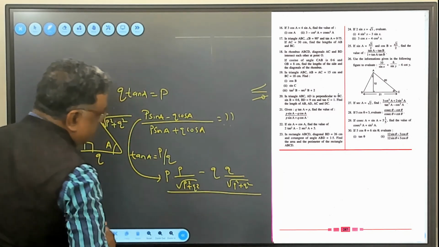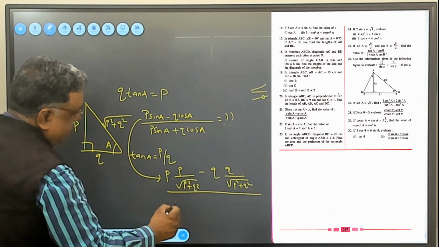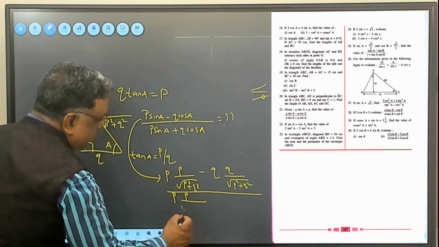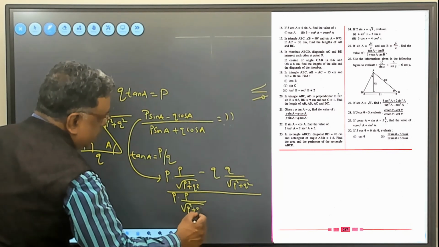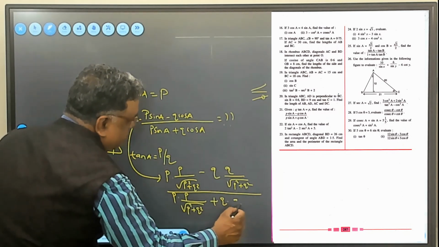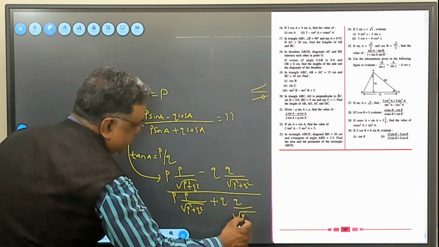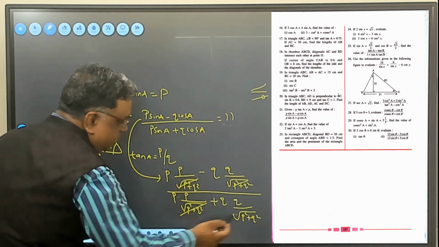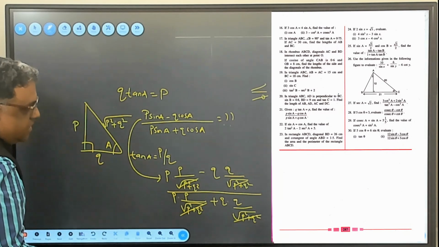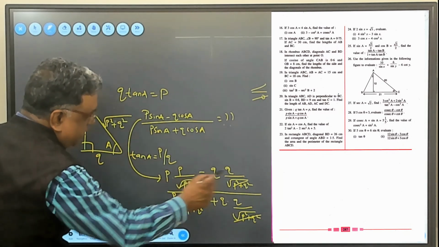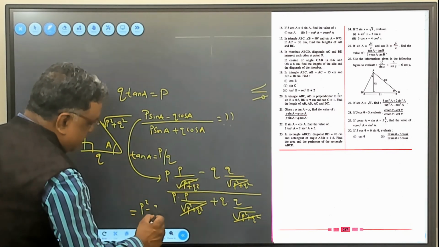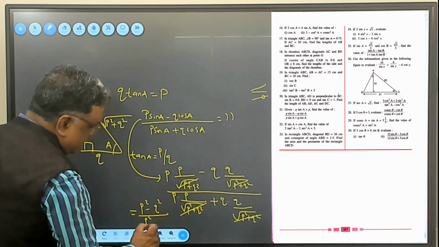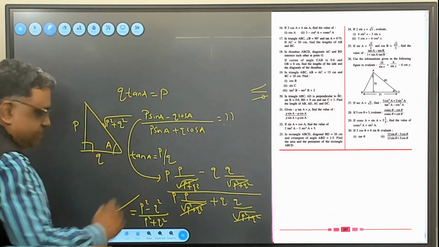Now, P sin A, again P into P upon square root of P square plus Q square, plus Q into cos A is Q upon square root of P square plus Q square. Now if you see, this entire thing common on denominator will get cancelled out. So what will be left on top? P square minus Q square in numerator and P square plus Q square in denominator. So this is the answer.